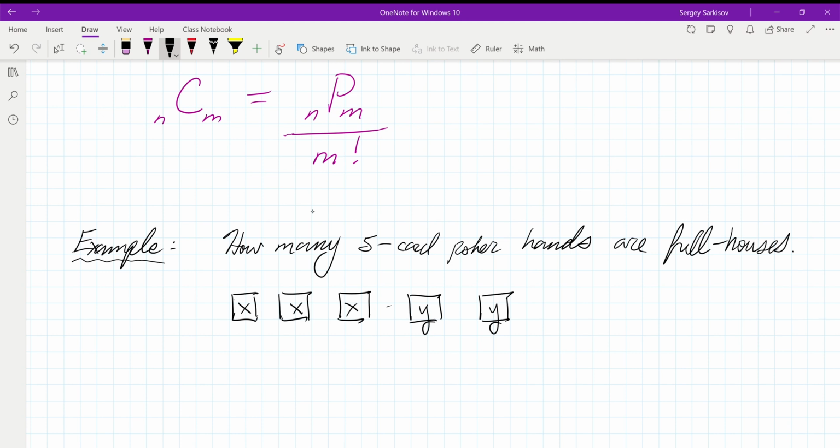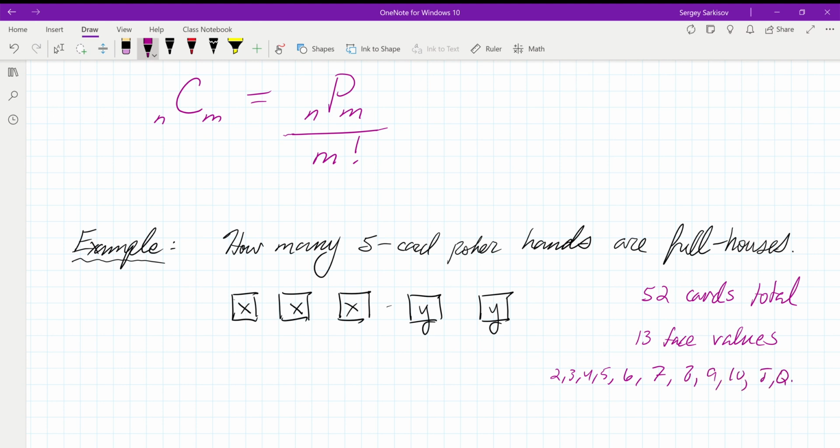Now, just so you know, there are 52 cards total, and this is because there are 13 face values: 2, 3, 4, 5, 6, 7, 8, 9, 10, Jack, Queen, King, Ace.